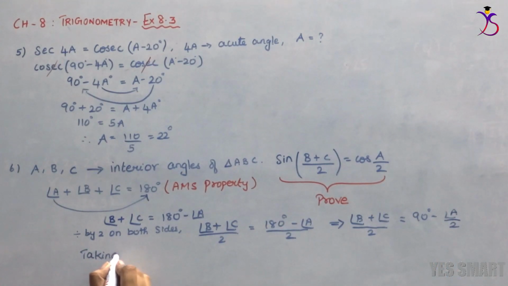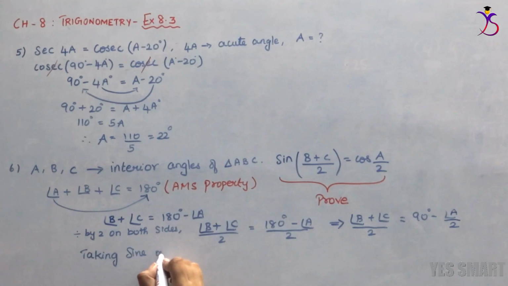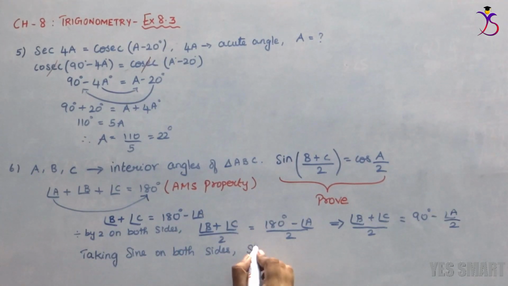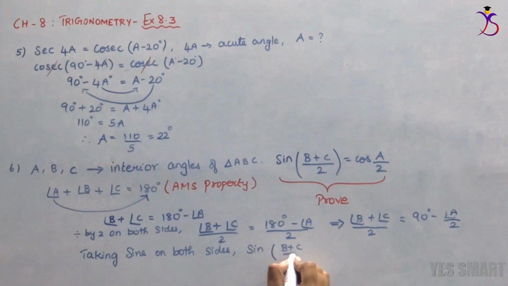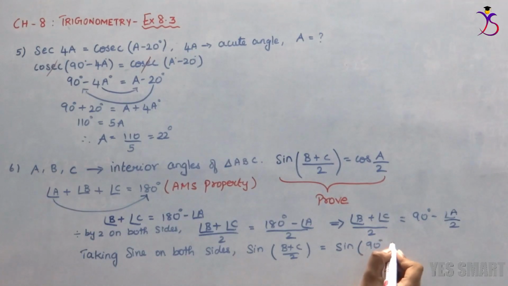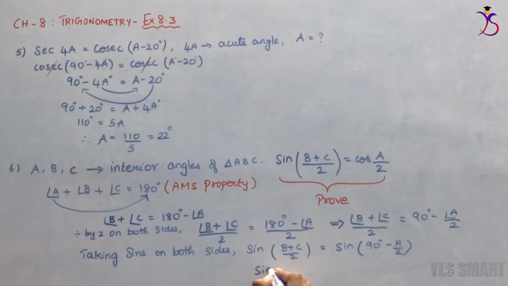Now I'm going to take the sine on both these sides. Therefore it becomes sine of (B plus C) by 2 equal to sine of (90 minus A by 2). And we already knew that sine of (90 minus theta) is cos theta. Therefore sine of (B plus C) by 2 equal to cos A by 2, because sine of (90 minus theta) is cos theta. Here the theta is A by 2. Hence proved.